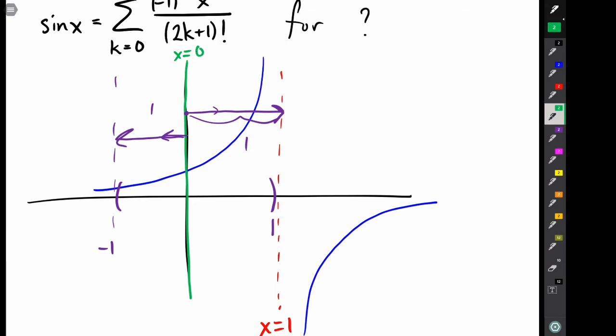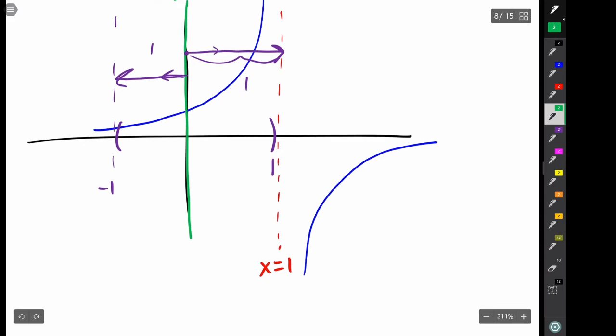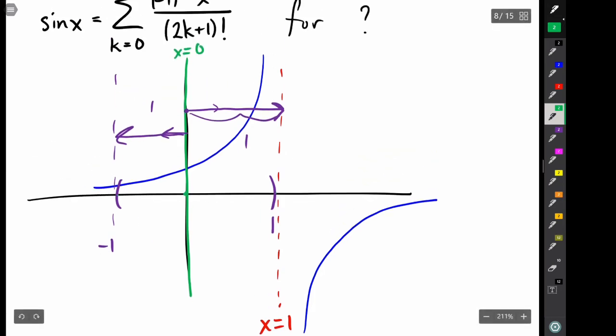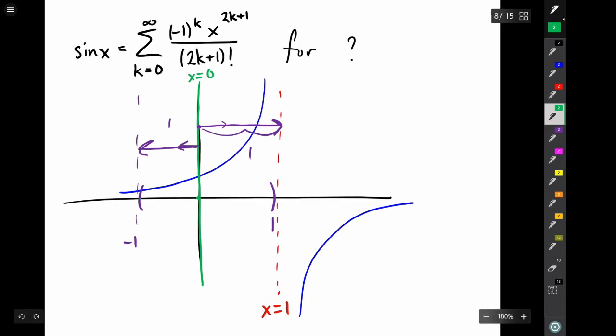That's why it's called a radius. You can almost imagine drawing a circle of radius, in this case 1, centered here, and it's going to hit at these two points. In fact, radius makes more sense when we talk about power series in two variables. So how do we go about actually computing this stuff?